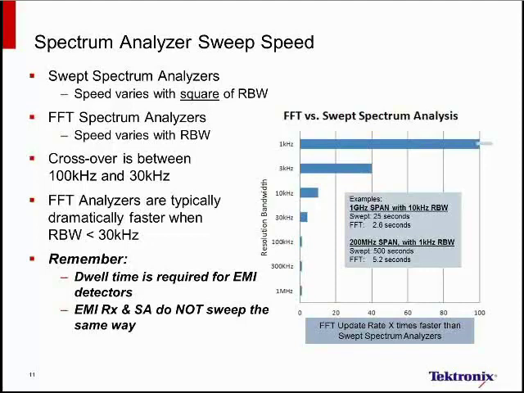Now, when we consider it from an EMI perspective, we also have another couple of considerations. In an EMI environment, we have to be concerned with dwell time, because some of the detectors that we use in the EMI environment require us to stay on frequency for a set amount of time so that our integrated power measurement is taken over time.